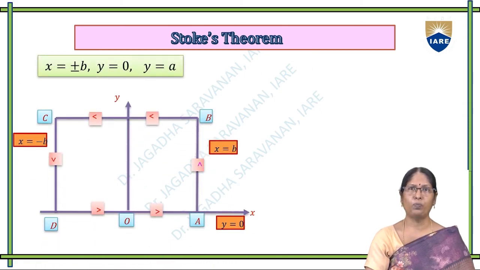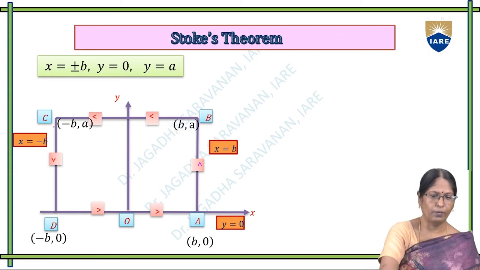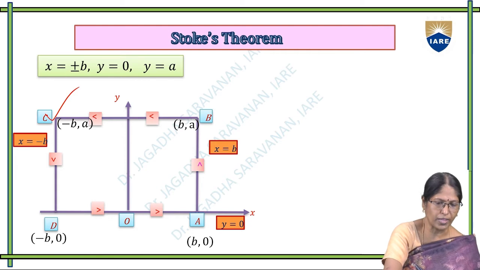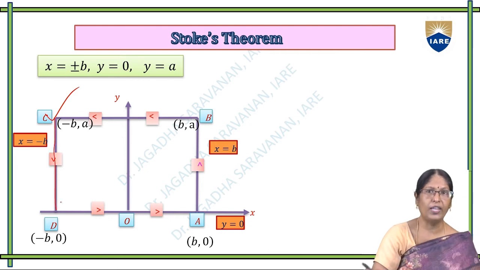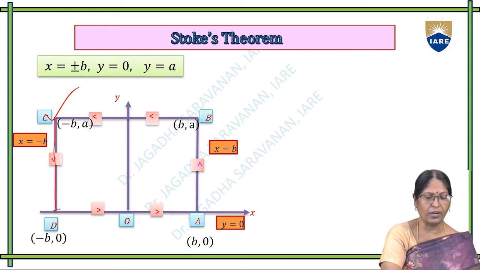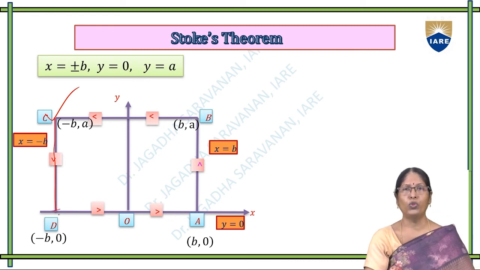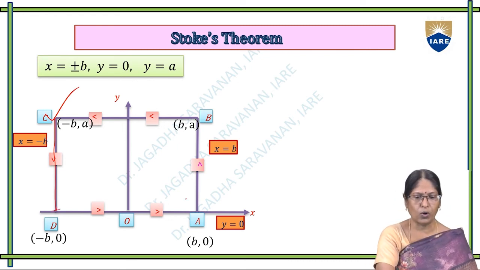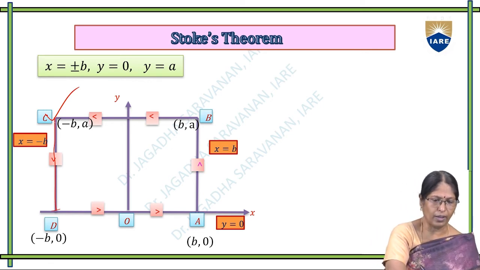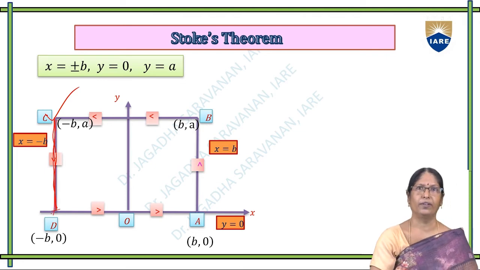So the last part, we can see, from the point C to D we are moving, where the starting and terminating points both coincide, so it is a closed curve. Then CA is in the y direction.